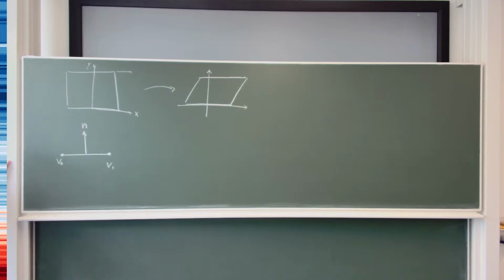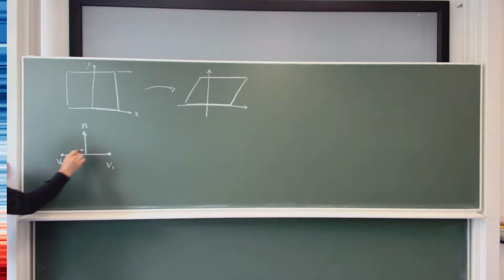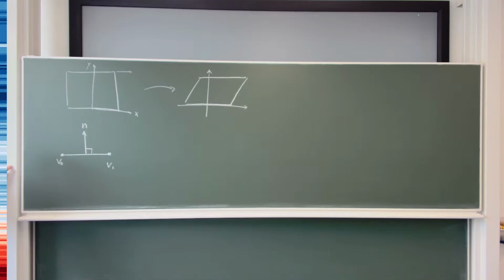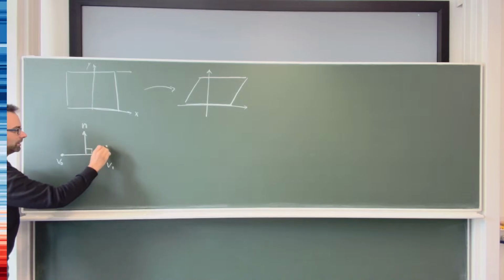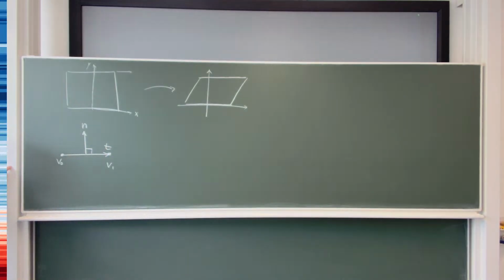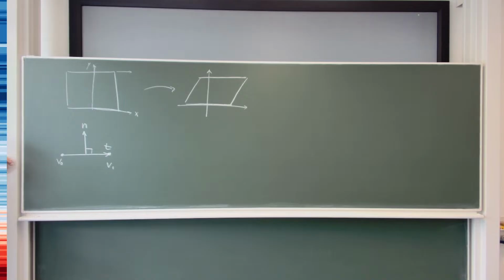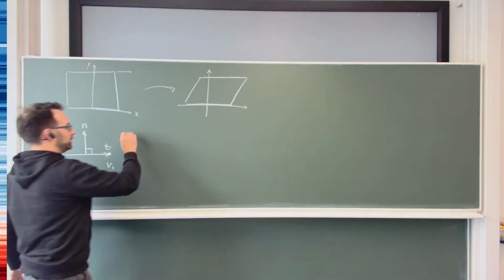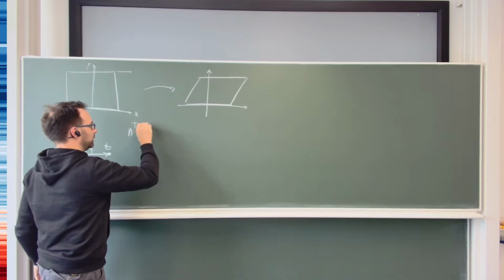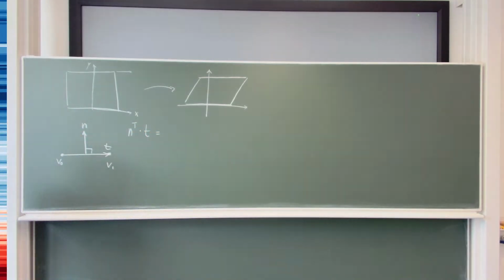And this normal n is perpendicular to the surface. So it is perpendicular to a vector t, tangent to the surface. And in this case, this is at least parallel to the vector going from v0 to v1. Okay? What do you know about this dot product?